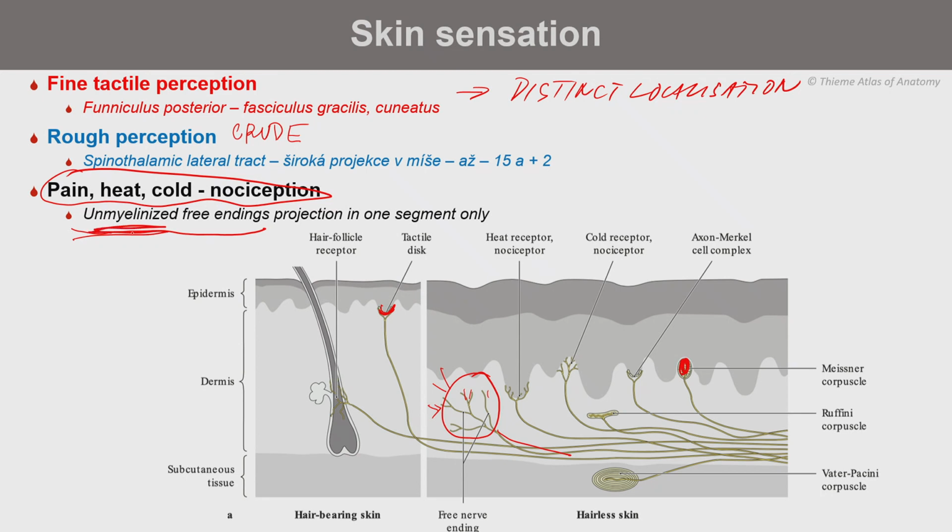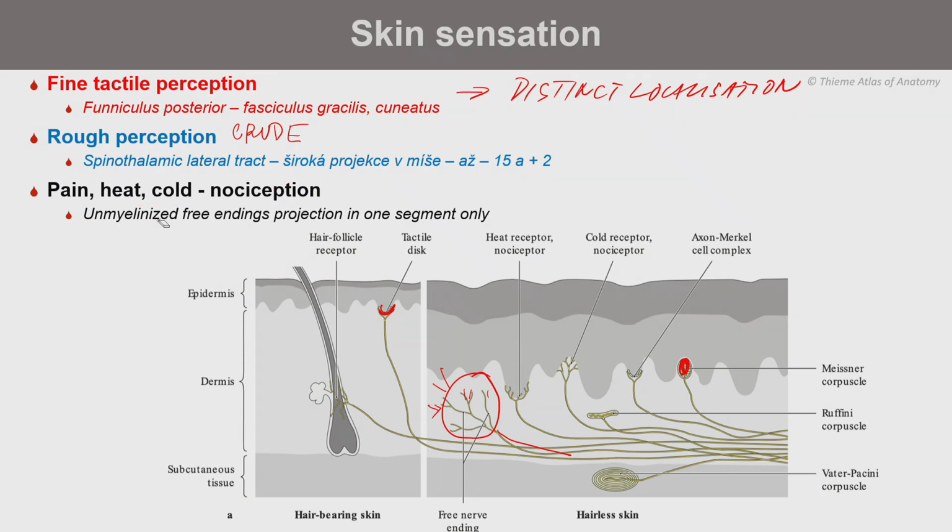Because it is unmyelinized, the velocity of the projection of the electric potential is slower than in the myelinized. So the information about pain and heat is projected into the spinal cord and into the brain slower than the sensation of touching the structure.